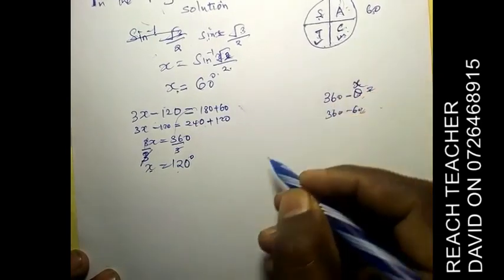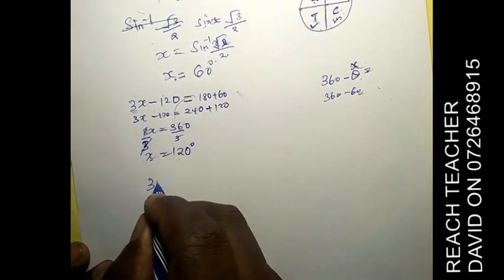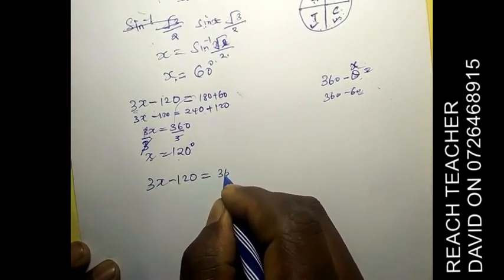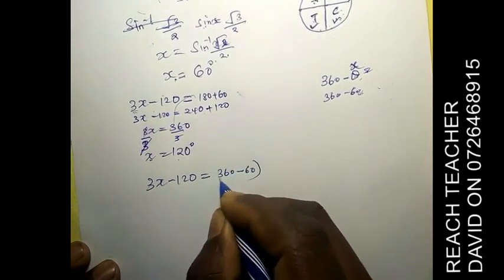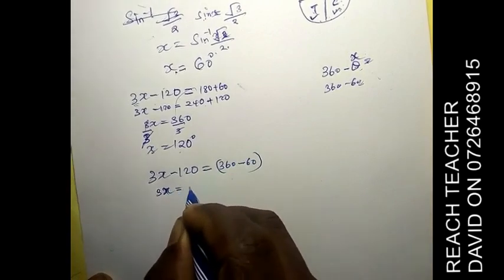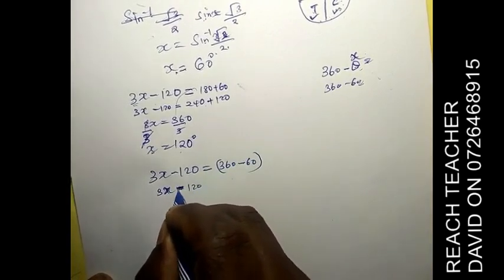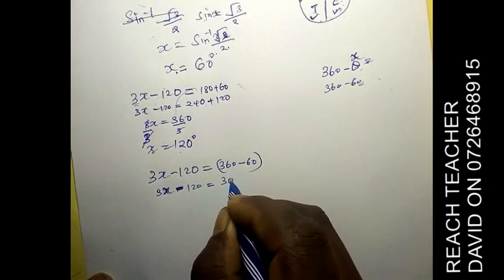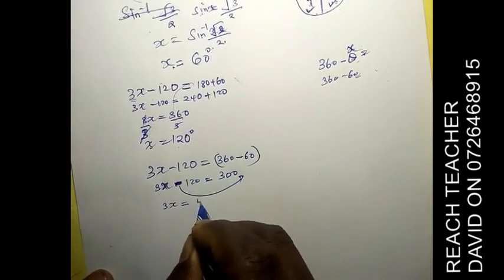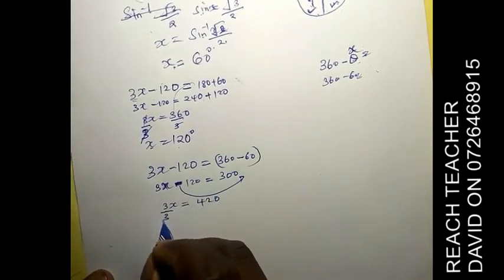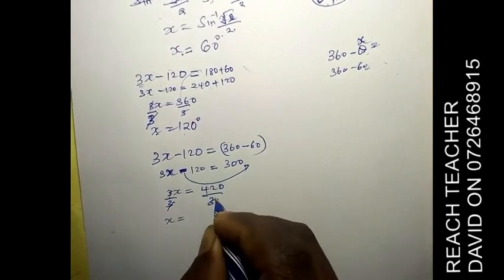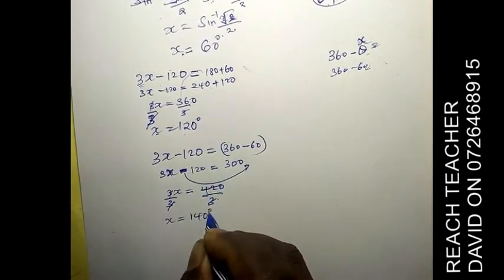So the angle is, we come here, 3x minus 120 equal to 360 minus 60, which is 300. So this one we add 120. 3x will be equal to 420. Divided by 3, divided by 3. So x is 140 degrees.